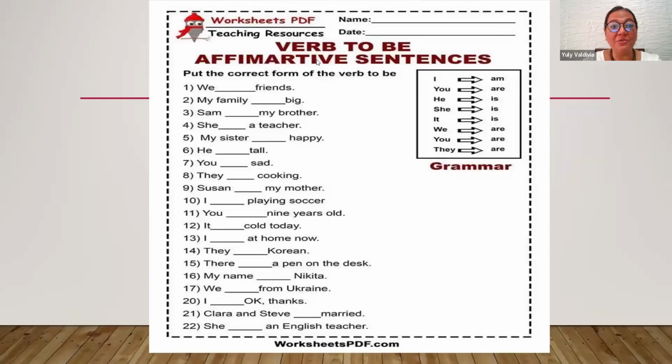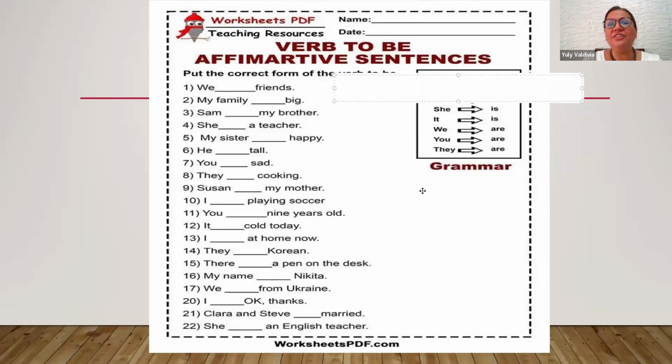So let's continue with this activity. We have to fill in the blanks using the correct form of the verb to be. Ready, guys? Okay, fantastic. So let's start with number 1. Number 1, it says, we friends.